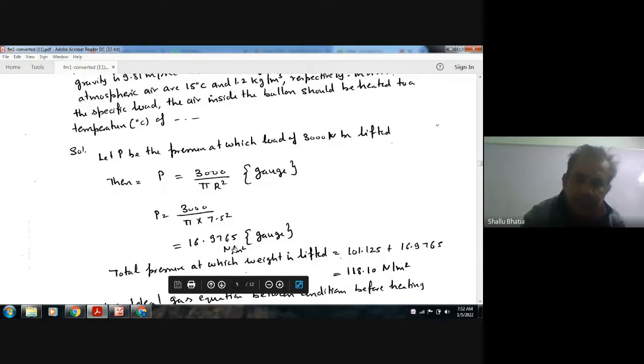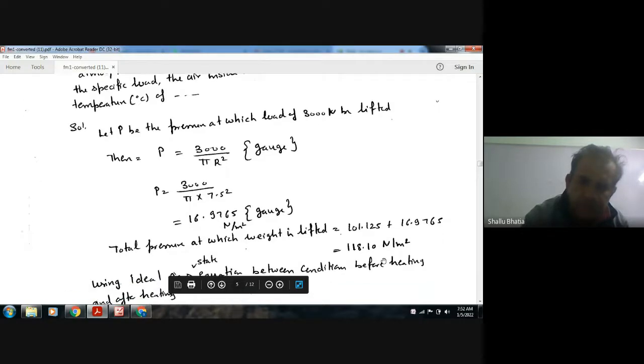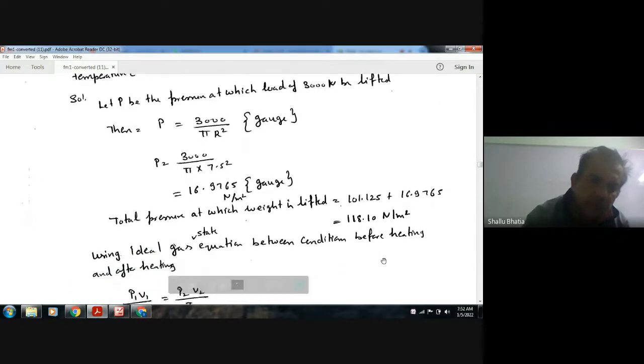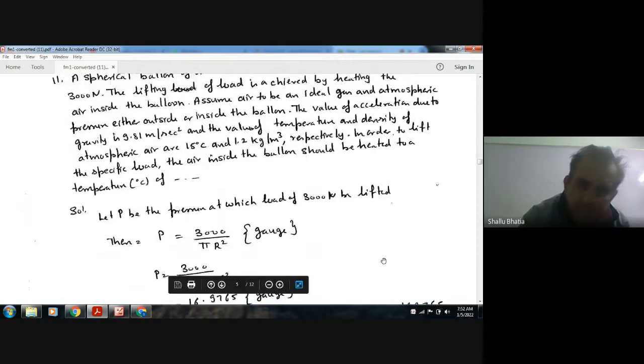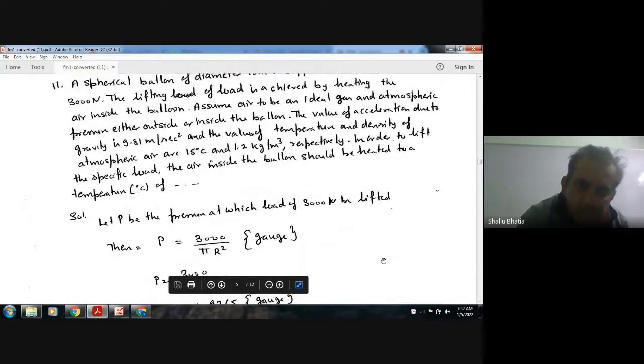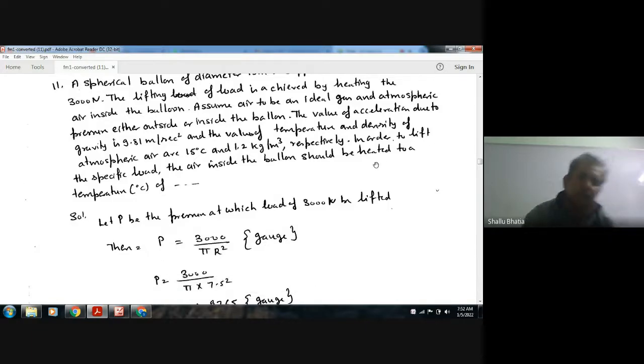Now, atmospheric pressure is also present, so add the atmospheric pressure as well. So the total pressure is this quantity, 118.10. Now, this lifting has been achieved by heating.